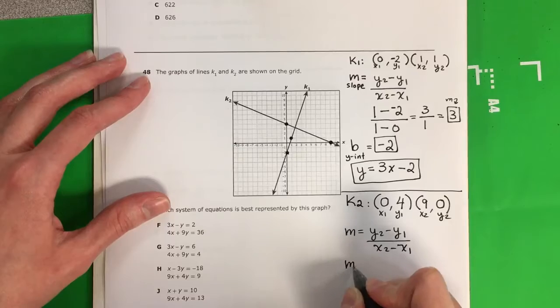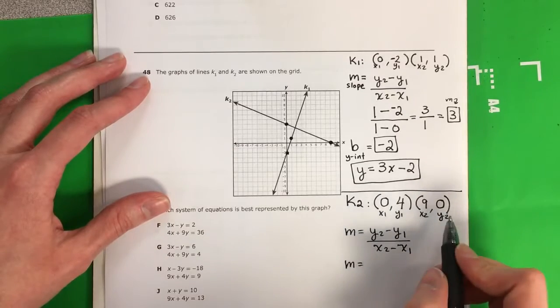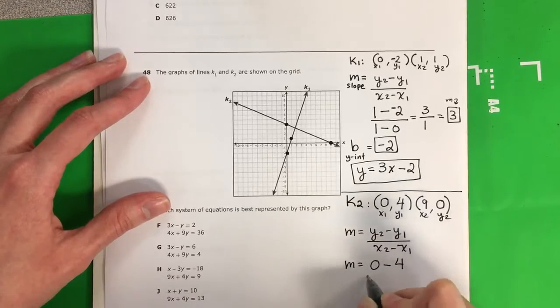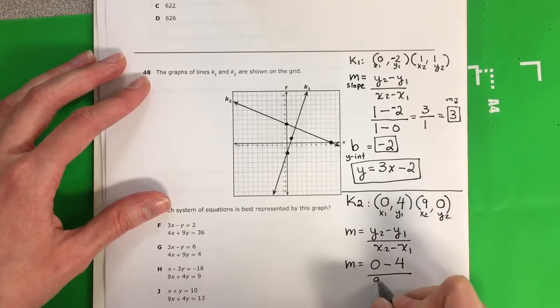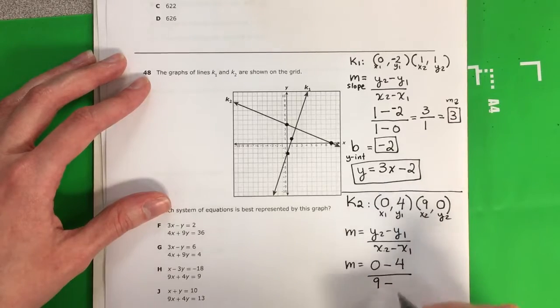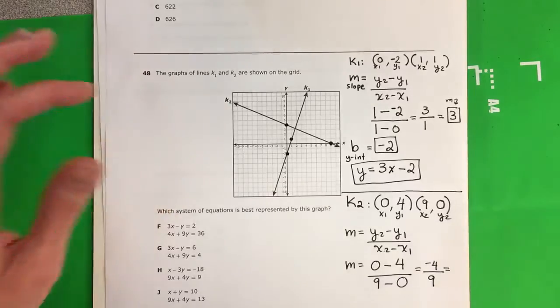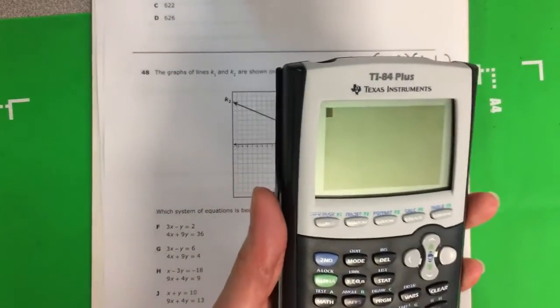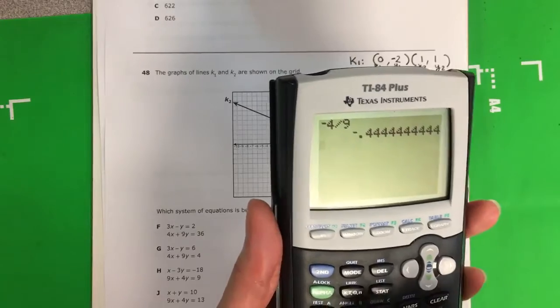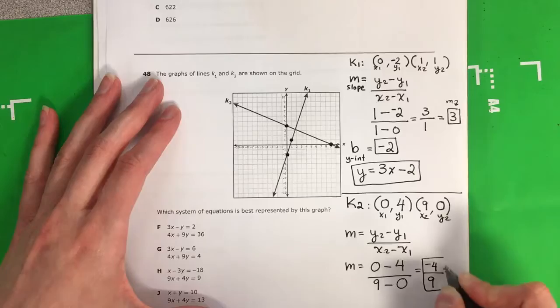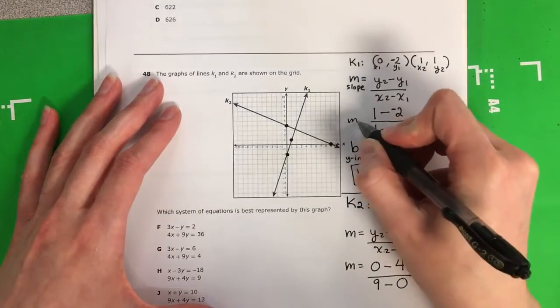So m equals, y2 is 0 minus y1 is 4, divided by x2 is 9 minus x1 is 0. 0 minus 4 is -4, divided by 9 minus 0 is 9. If you put -4 divided by 9 in the calculator and change to fraction, it's the same thing. I don't need to write it again. And I forgot to put an m here.